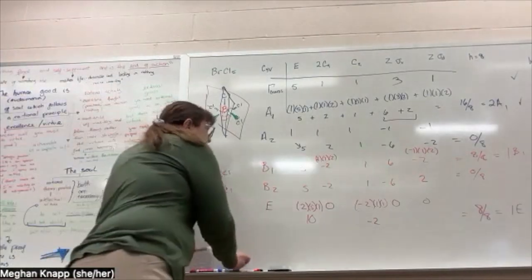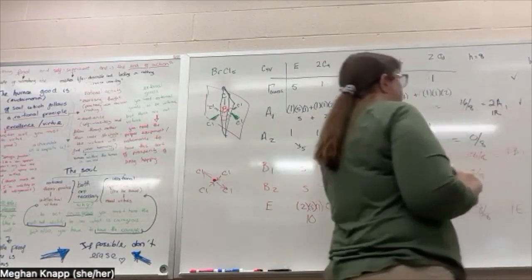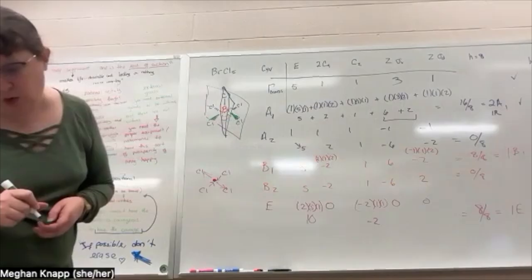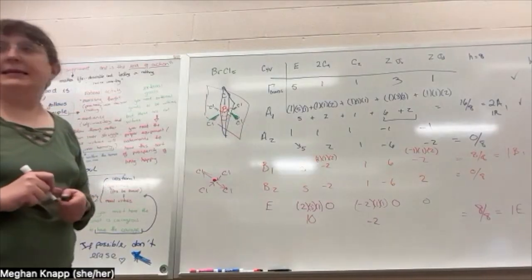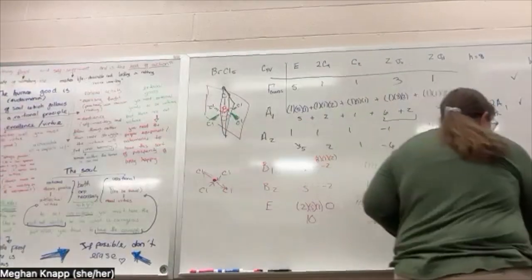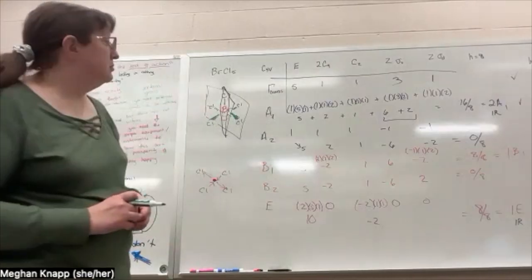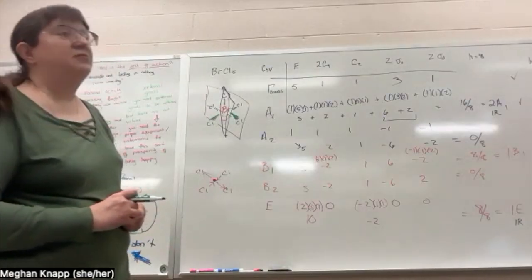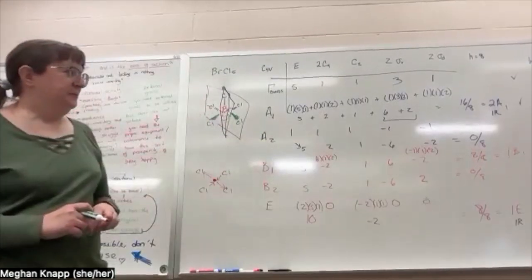Yes, the A1 is visible in the IR. Is the B1 visible in the IR? No. Is the E visible in the IR? Yes. Wait, why is A2 visible? It's not? Oh, yep, just kidding. That's the 0. We don't have any. It's just the A1 and the E.